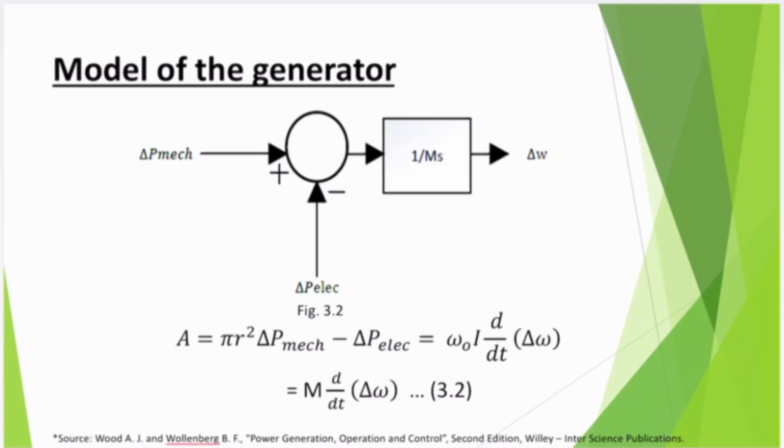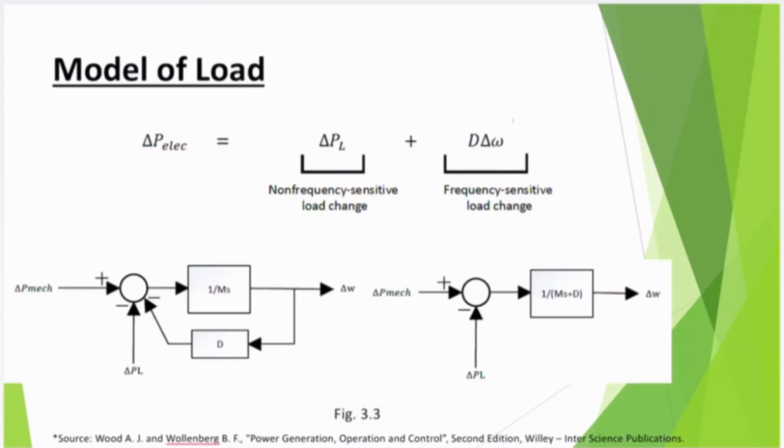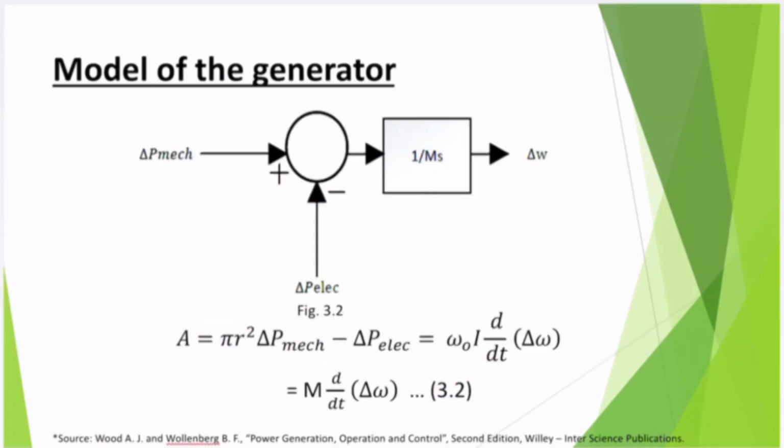So how do you get into this block diagram? Because delta P mechanical minus delta P electrical is omega I d upon dt of delta omega, which is M times d delta omega upon dt. Now, further expanding this equation, you will come to know the generator being represented in mathematical form, because these mathematical representations will help you carry out certain analysis or derive certain expressions for your real-time analysis.